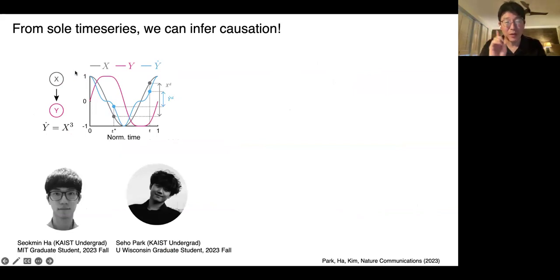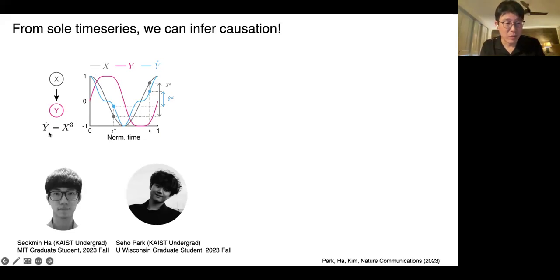So here, let's begin with very simple cases. Let's say X regulates Y. That means the derivative of Y is, for instance, X cubed, but the right side could be any monotonic increasing function of X. Then here is some time series data. What is the meaning of X positively regulating Y?